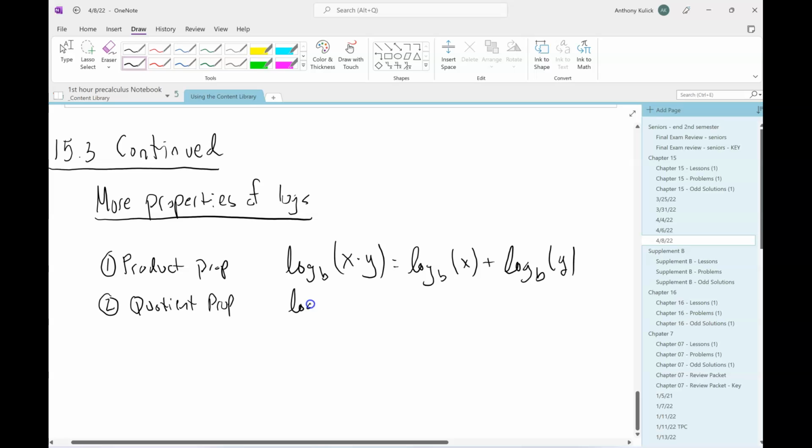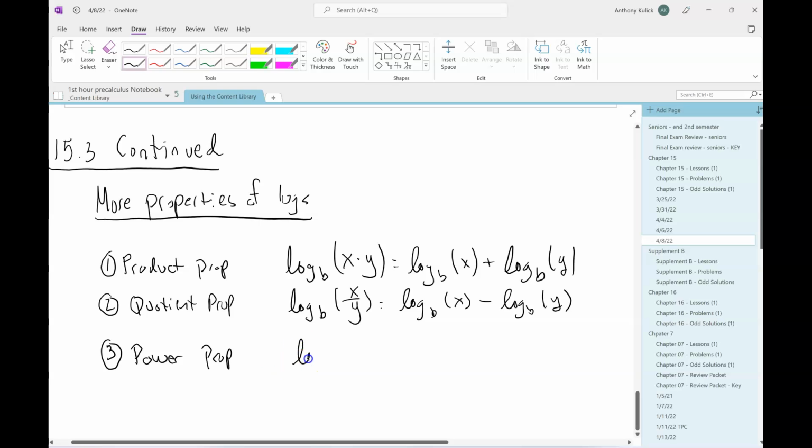The quotient property, log base b of x divided by y is equal to log base b of x minus log base b of y. There's the power property. It says log base b of x to the a is going to be a times log base b of x.